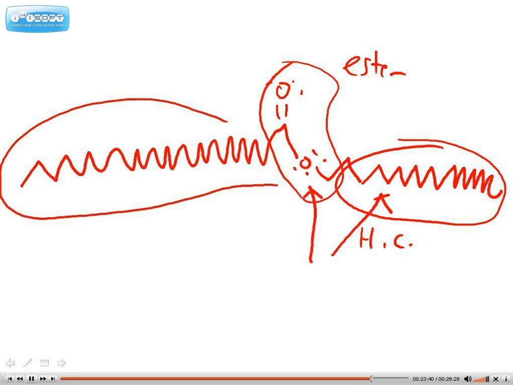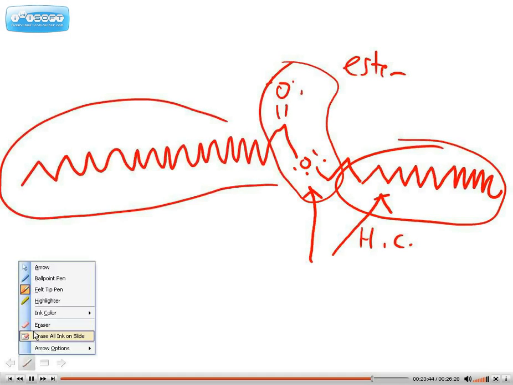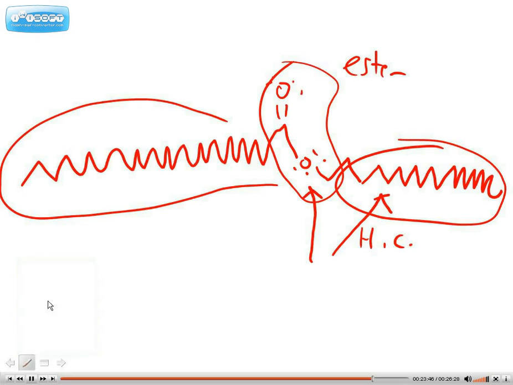So basically, it's an ester with long hydrocarbons on each side of the ester.